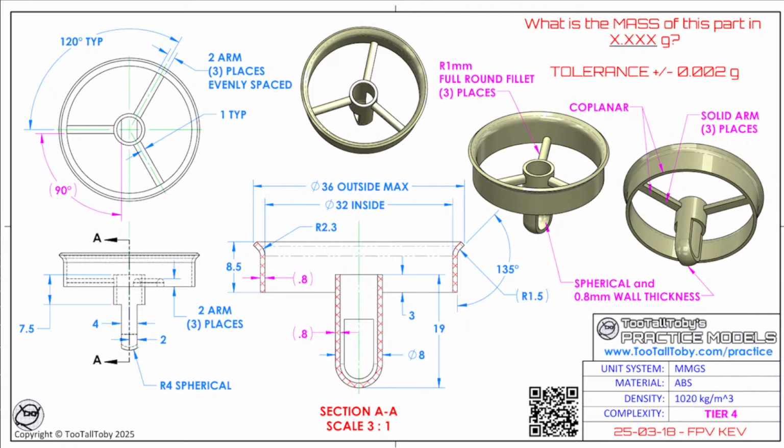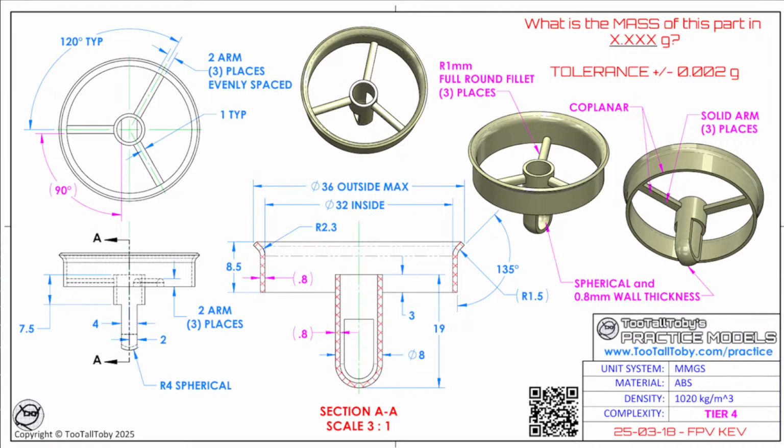Well, it is solid, but it's 0.8 wall thickness again. So the point there is that that arm is 2 millimeters wide. It's not 2 millimeters with a 0.8 millimeter wall thickness, although in the physical part, it actually is shaped like that. It has that same wall thickness, so it's shaped kind of like a horseshoe. But we decided to solidify it because there was no more room for Toby notes on this drawing.